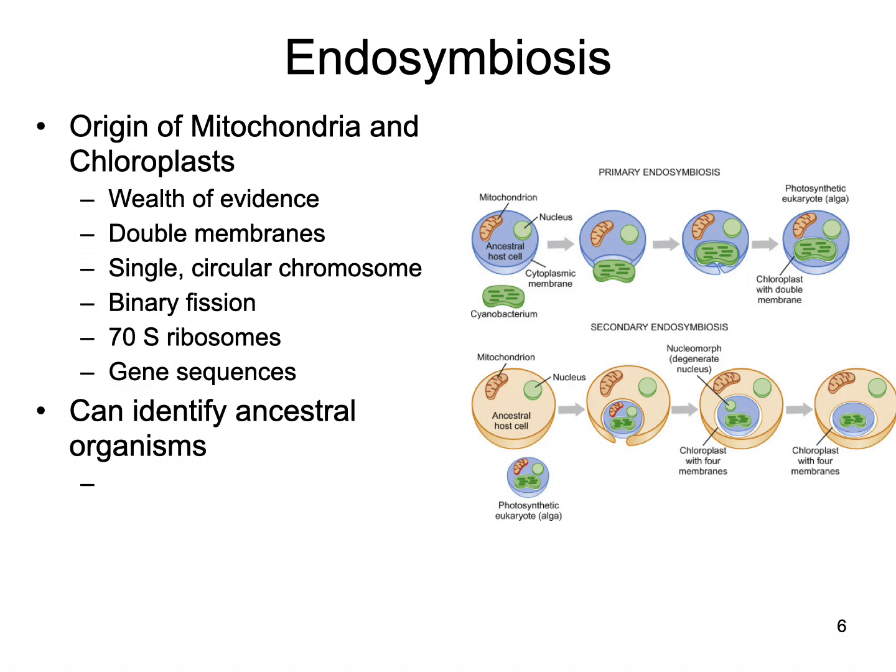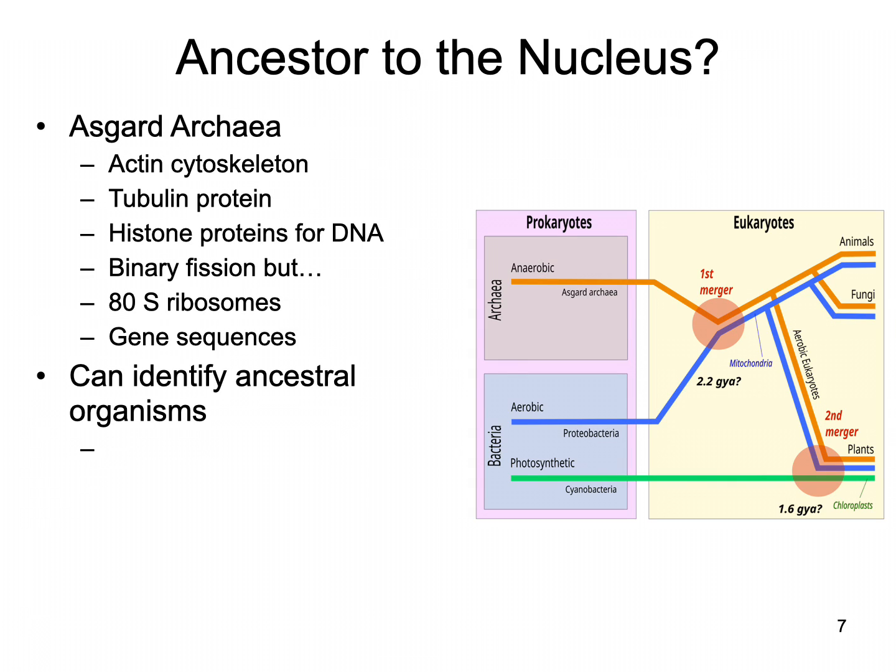We also think that we can identify the ancestral organisms not only for the chloroplast and mitochondria, but also for the nucleus. We have found groups of archaea that show a lot of similarities to eukaryotes. These groups have cytoskeletons that contain both actin and tubulin genes, not found in most prokaryotes, but found in these.